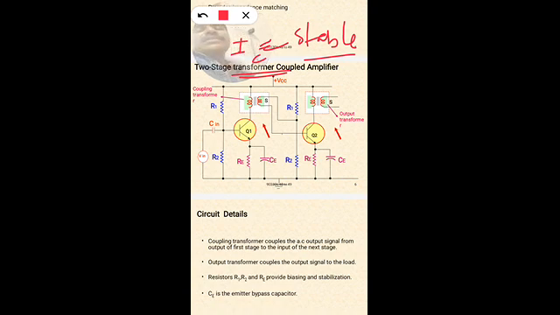Let us assume IC increases with temperature. You know the transistor is a temperature dependent device. Whenever the temperature increases, the reverse saturation current increases. In fact, it doubles for every 10 degree centigrade rise in temperature.